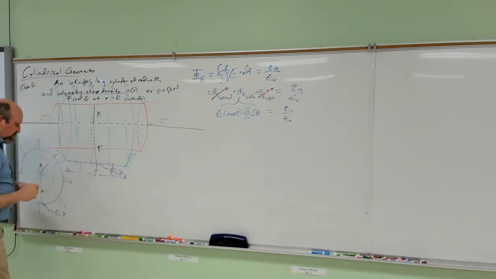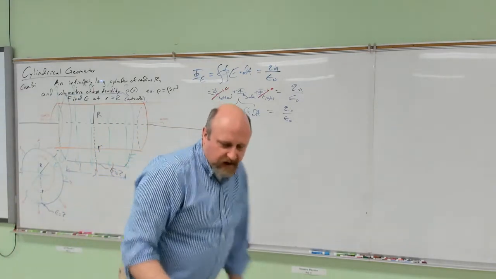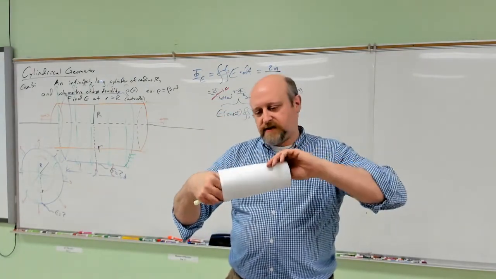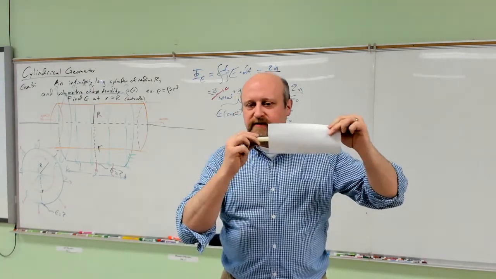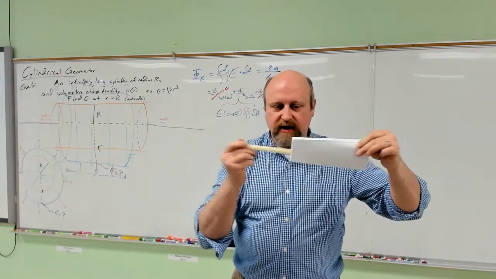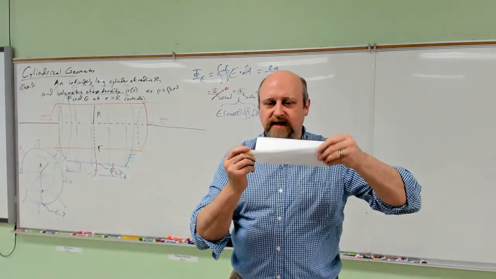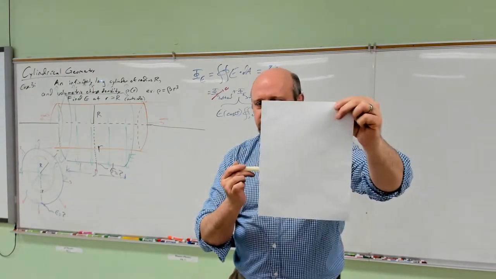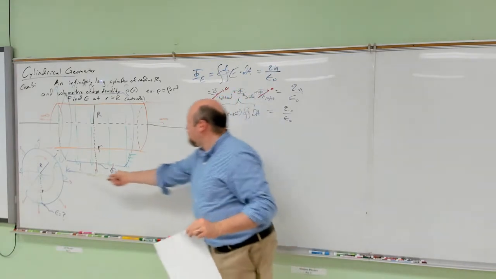Remember the trick? We imagine that Gaussian surface as a cylinder surface around our charged cylinder. It's a cylindrical bubble. I'm going to slice it down the side and unroll it. And now I have a rectangle. The length of the rectangle is that length L of the bubble.